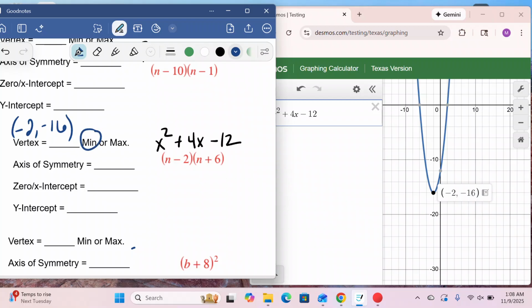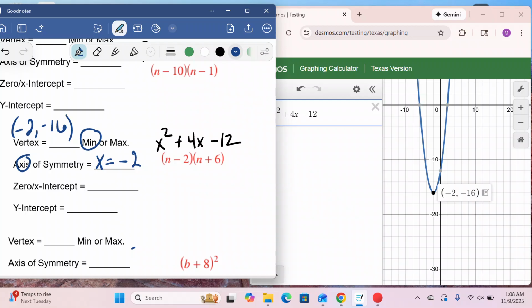My second is my axis of symmetry. I'm going to circle my x, so I remember that since I circle my x, x equals the x value of my vertex. What is the x value of my vertex? It is negative 2. 90% of the time you will get a U shape or an upside down U, so the axis of symmetry will always be the x value of my vertex.